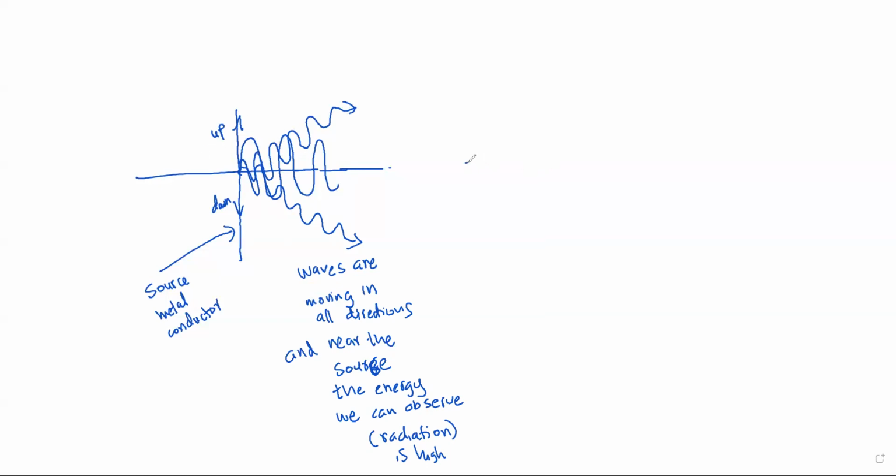If I draw that, the energy near the source is somewhere like this. If the source is a metal conductor that is generating the electric and magnetic fields, then the energy around that source is spreading along a certain sphere around the source.